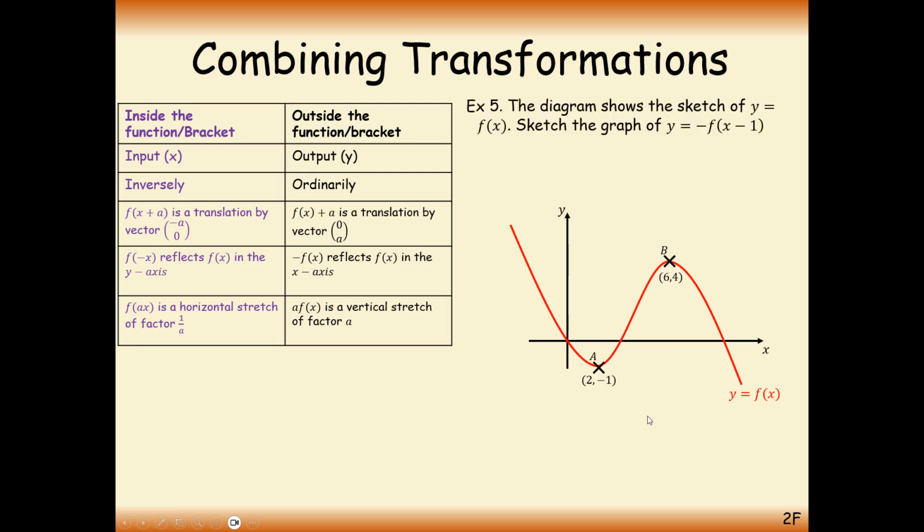So let's look at the next example. In this example, there is a negative sign outside of the function, so that's a reflection of y values. Outside of the bracket affects the output, that means the y values, which will be reflected.